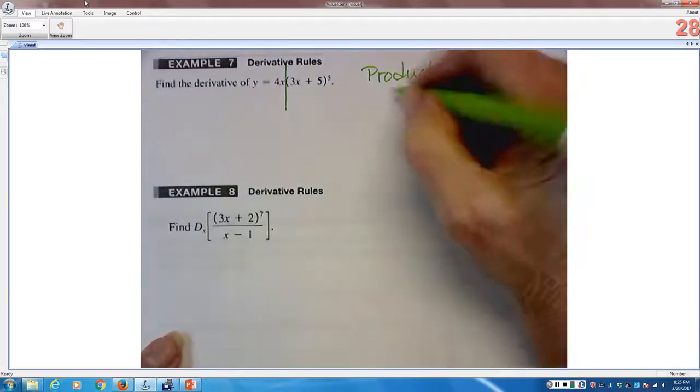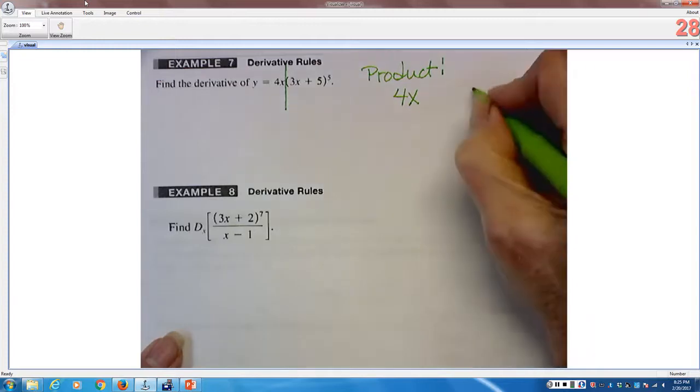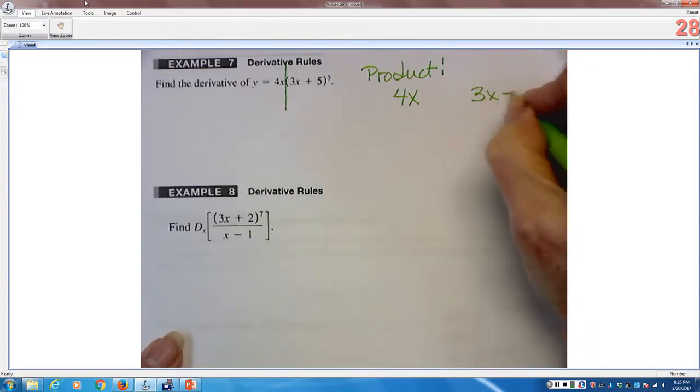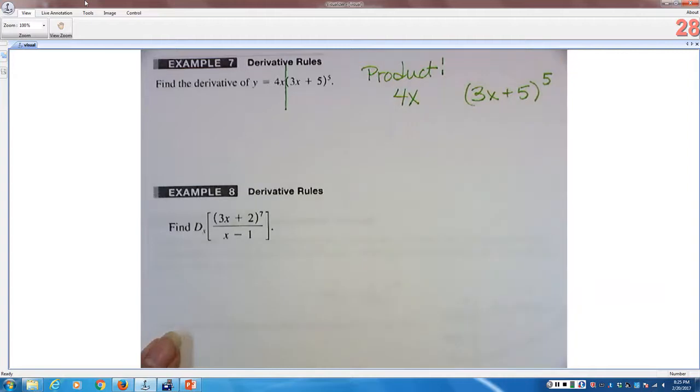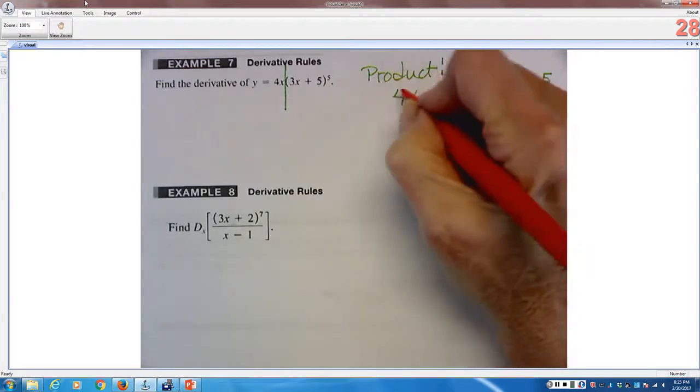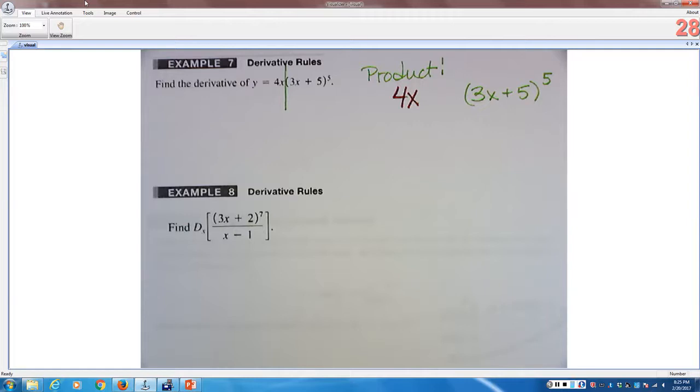Your product is 4x times 3x plus 5 to the 5th. And you know that when we have a product, you have to have the derivative of both of your factors.